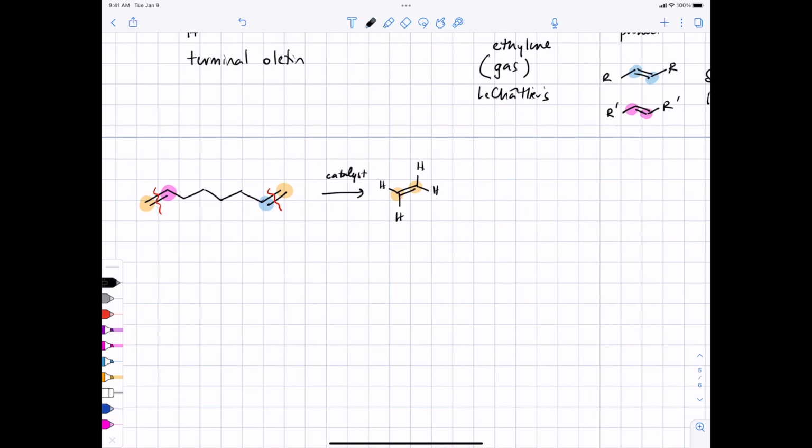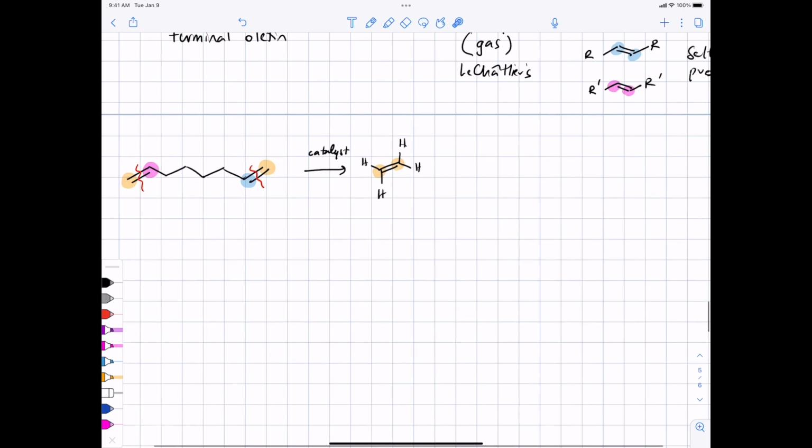And then, there's a lot of things that could happen, but notice that the pink carbon is 5 bonds away from the blue carbon. And if we make a new bond between blue carbon and pink carbon, that's the favored metathesis product.